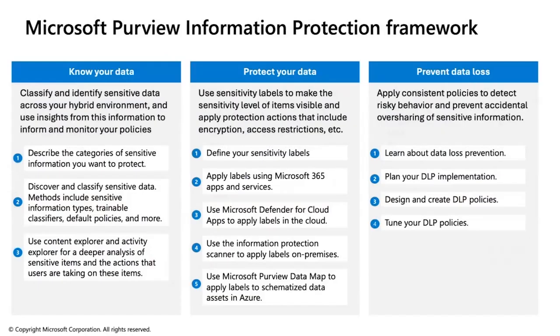Also, they have trainable classifiers. If I'm not wrong, they have added 114 trainable classifiers right now. Trainable classifiers are related to a specific kind of content, for example, HR department, IT department, bank statements. We can use these to identify different documents or data.